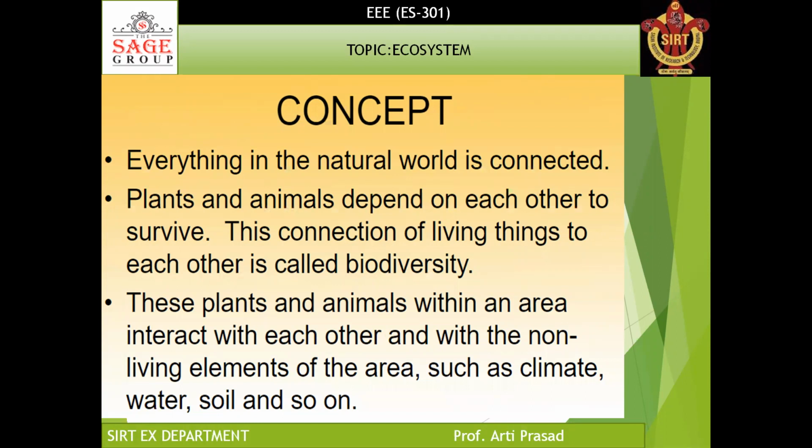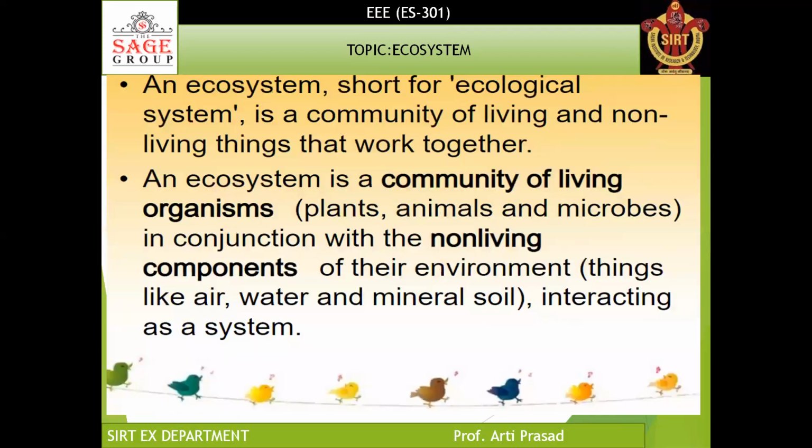Right. So these plants and animals within an area interact with each other and with the non-living elements of the area, such as climate, water, soil, and so on. Or you can say ecosystem is a group of plants and animals along with the physical environment with which it interacts.